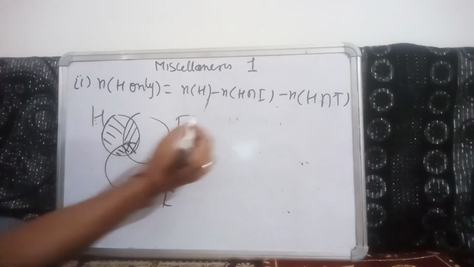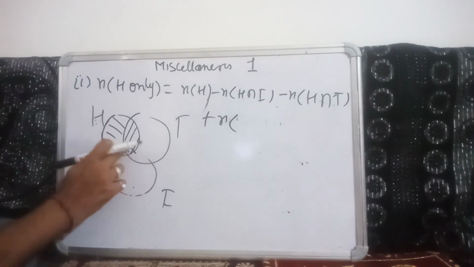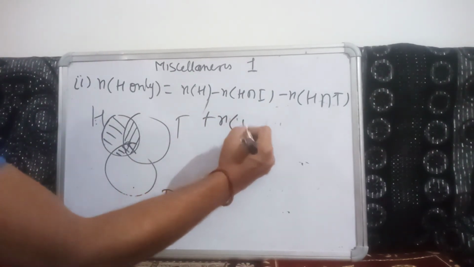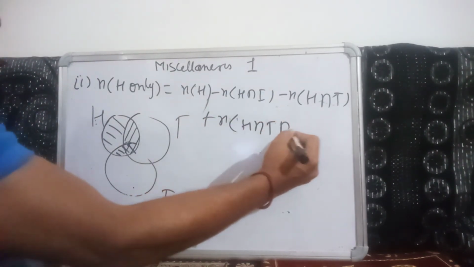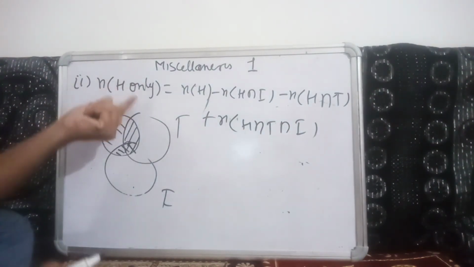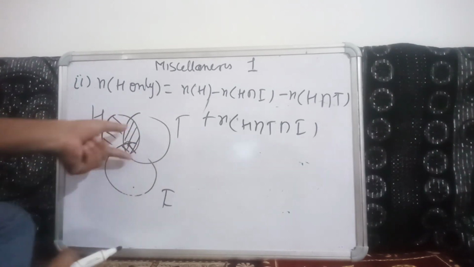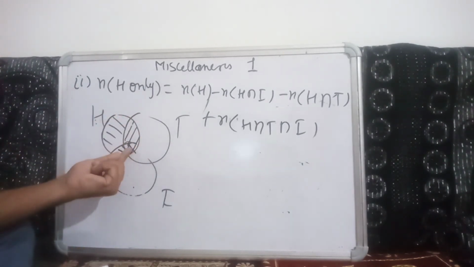So you have to add at least this part once. This part is n(H intersection T intersection I). So from this H subtract this, but this part is subtracted two times, so you have to add it once.